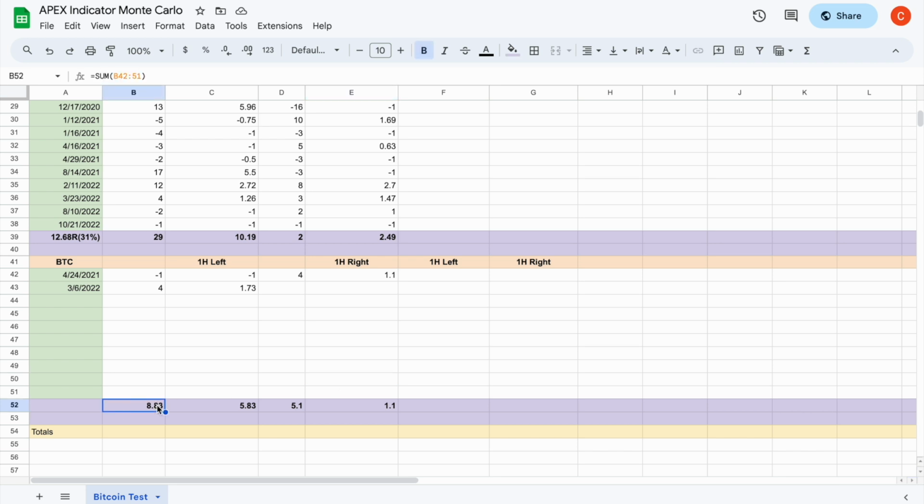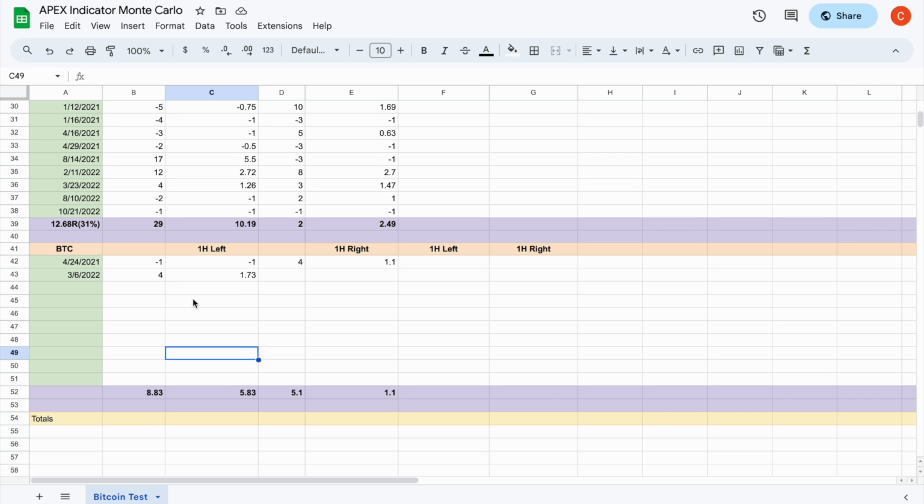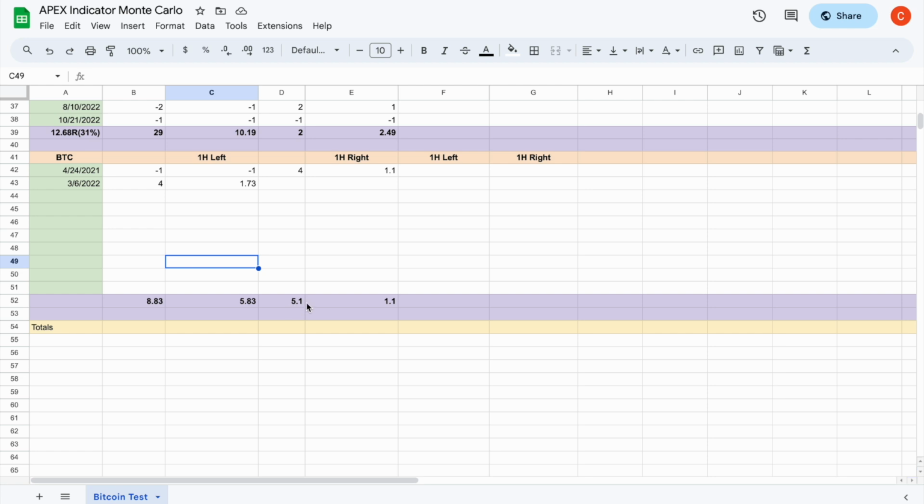I have no idea why this is showing 8. Why is it? Okay, what do we got here? B42 to 51. Okay. Not sure why it's doing that. So these are all off by 1 apparently.